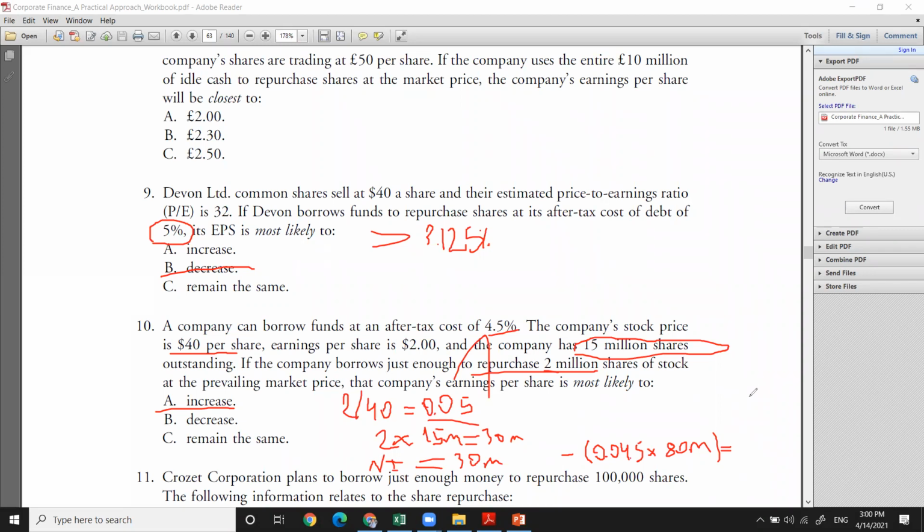So 0.045 times 80 million, which is 3,600,000, minus 30 million, which is 26,400,000.